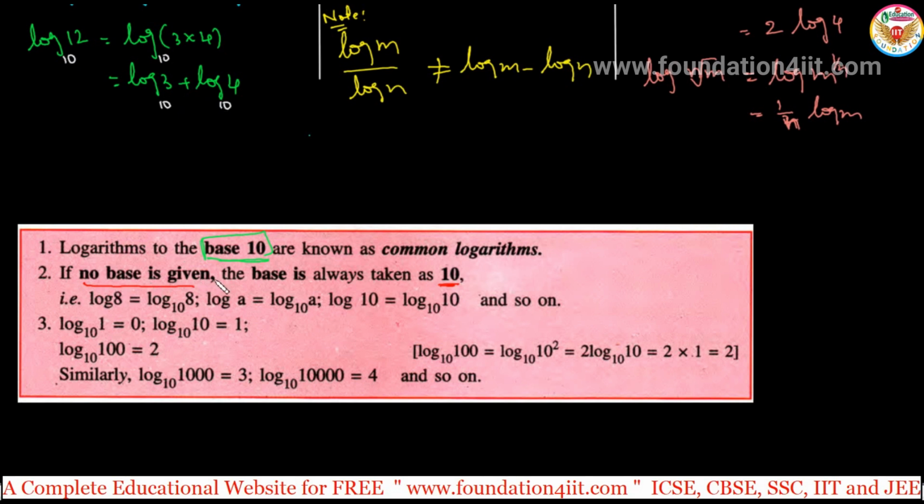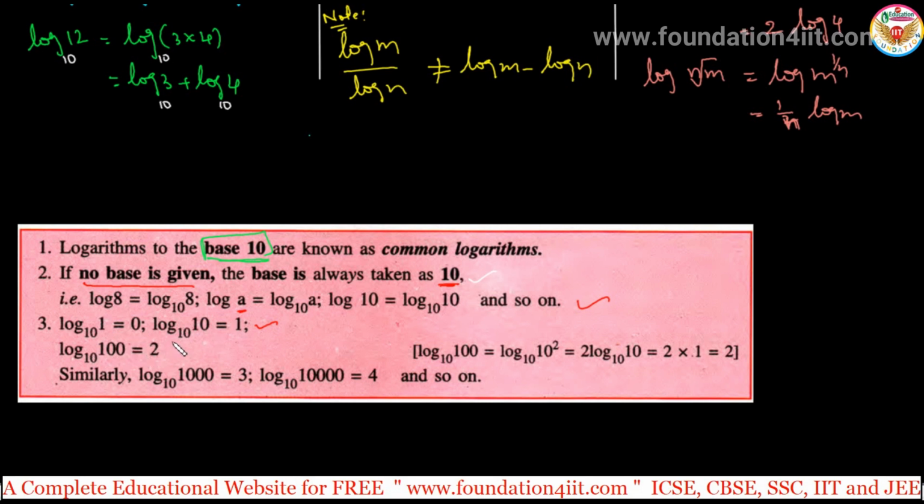Right, if the base is not given, always take it as 10. Like log 8 we can write as log 8 to the base 10, log a to the base 10, log 10 to the base 10, and so on. Log 1 is 0, and log 10 to the base 10 is 1. In the beginning we saw log 1 value is 0, and log x to the base x, same numbers, we get 1. And log 100 to the base 10 is 2, because I can write 100 as 10 square.